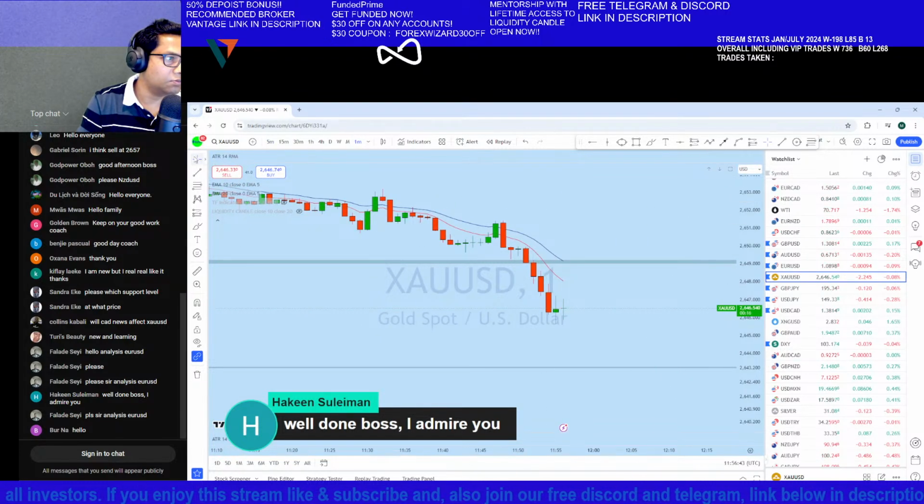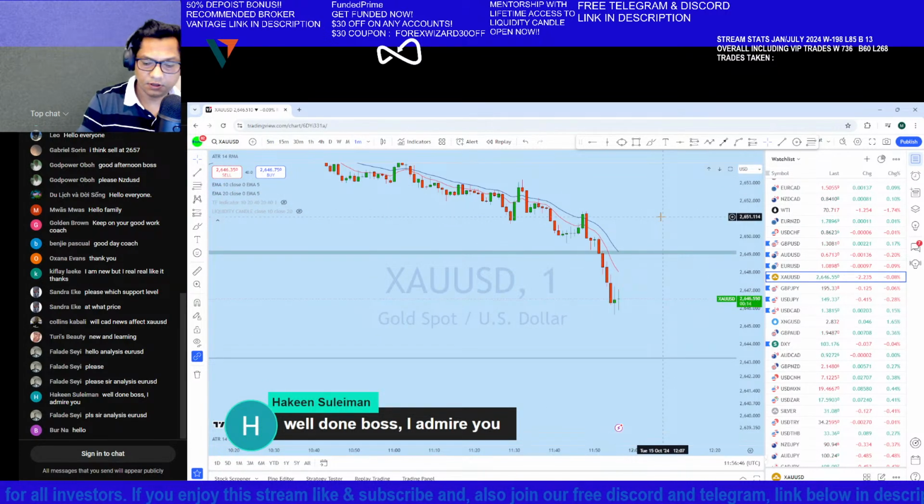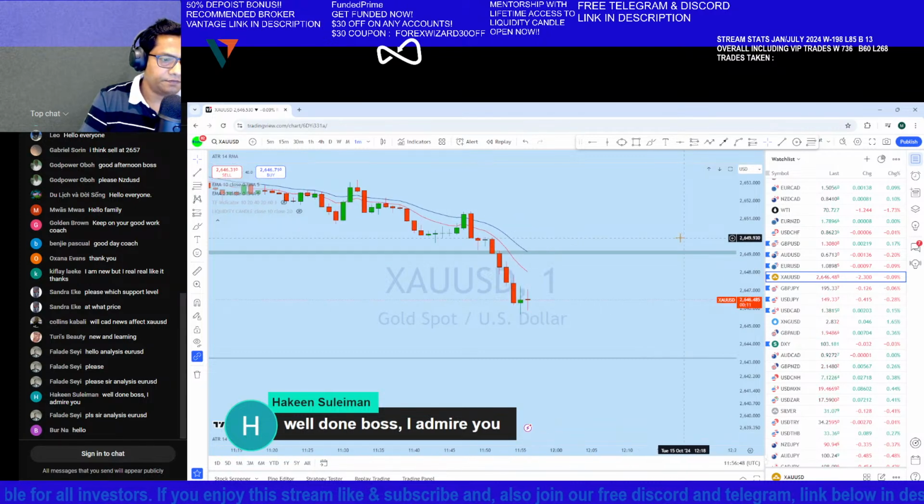Okay, some smaller candle is being formed.